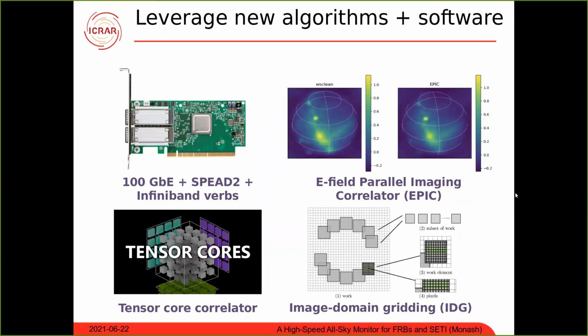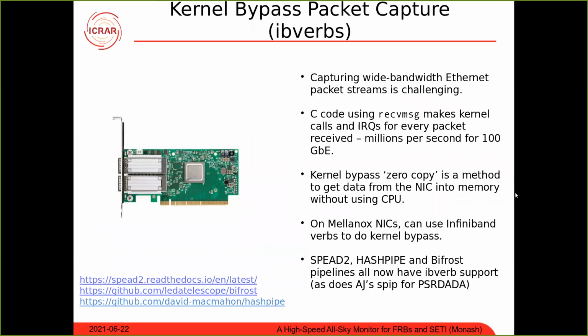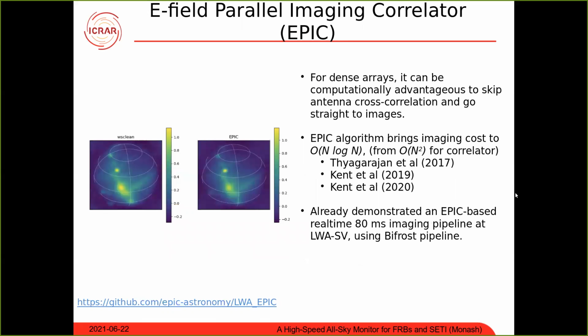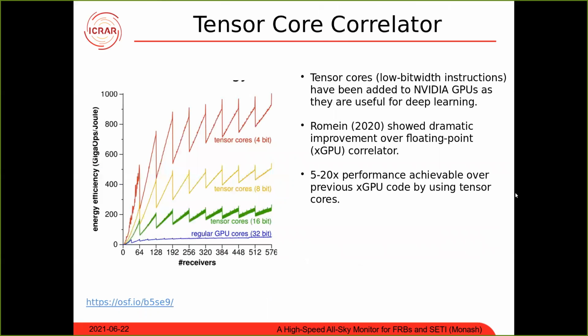We will leverage this new system with new software for fast imaging and the dispersed pulse searches. We have the expertise in the building for capturing this high time resolution data and looking for both FRBs and Technosignatures, with Danny Price being an expert for SETI searches. There are algorithms that we can potentially use or write our own imaging algorithms, also exploring the new features of GPUs, such as, for example, tensor cores.